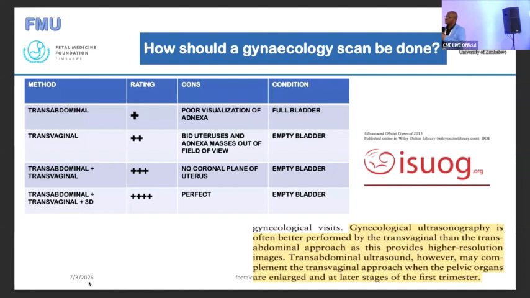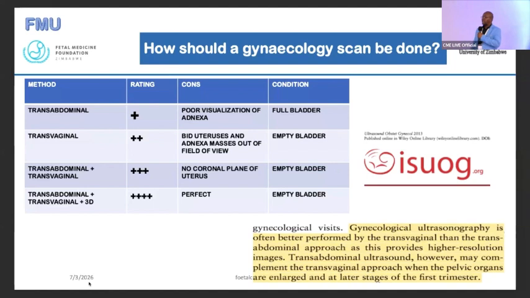There is a rating of which scan to do indicated there. For transabdominal scan, considerations include poor visualization of the adnexa, and you need a full bladder. For transvaginal scan, you don't need a full bladder, and it may be limited in patients with big uteruses, where the adnexa may be out of the field of view.